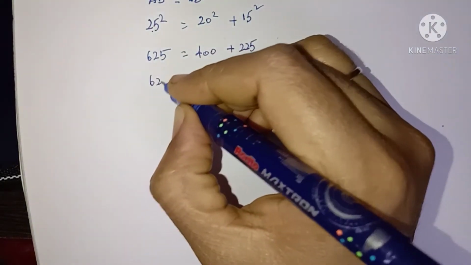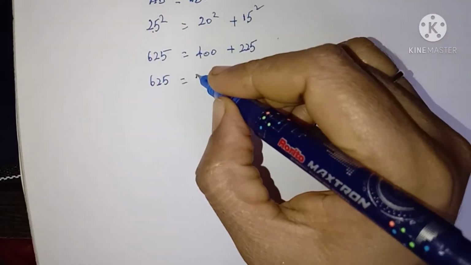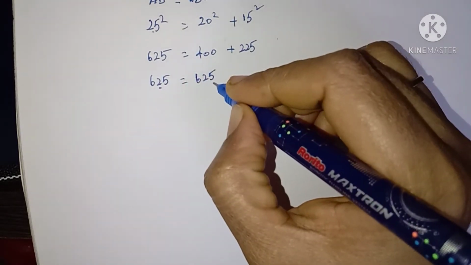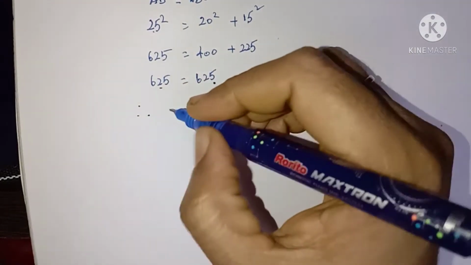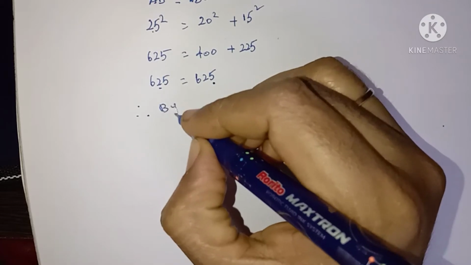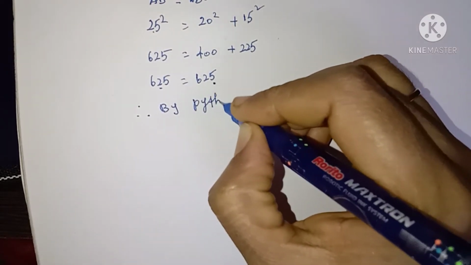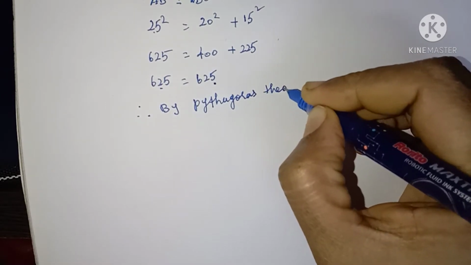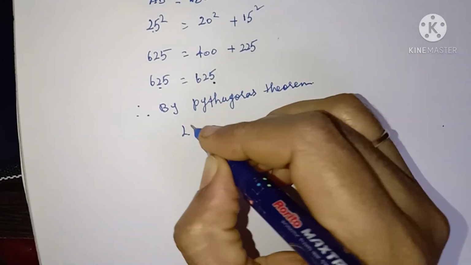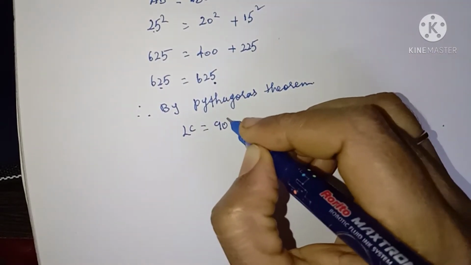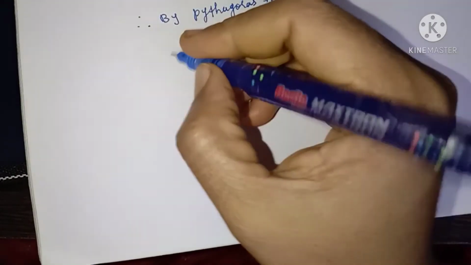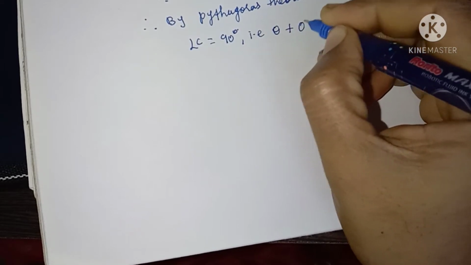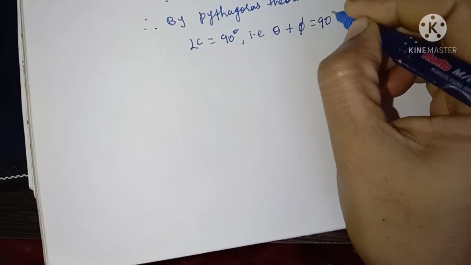So 625 is equal to 625, that is, the left hand side is equal to the right hand side. Therefore, by Pythagoras theorem, angle C is equal to 90 degree. That is theta plus pi is equal to 90 degree.